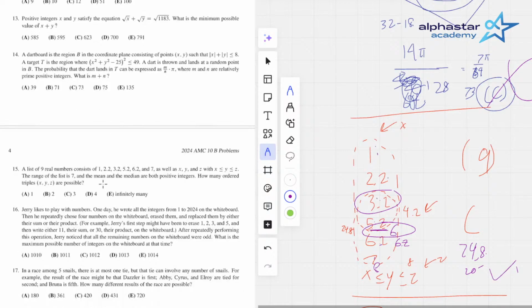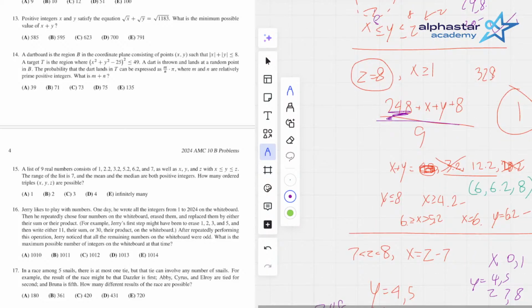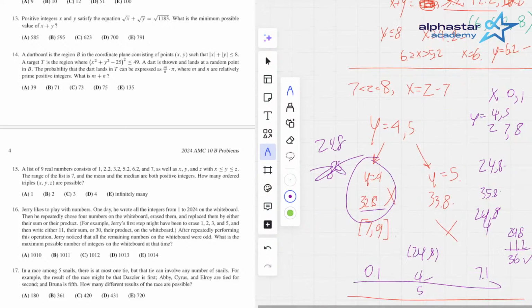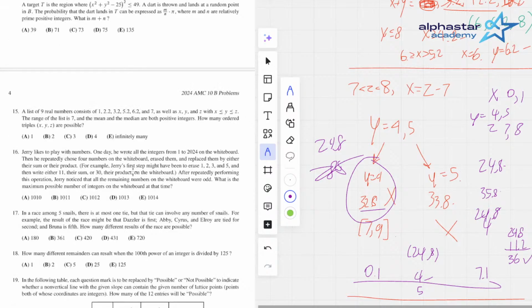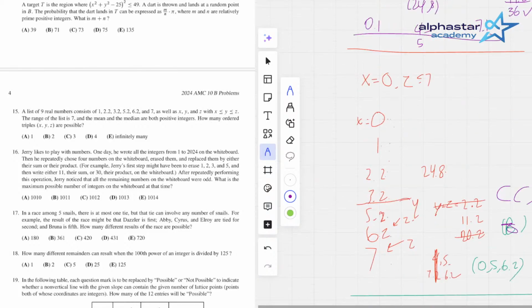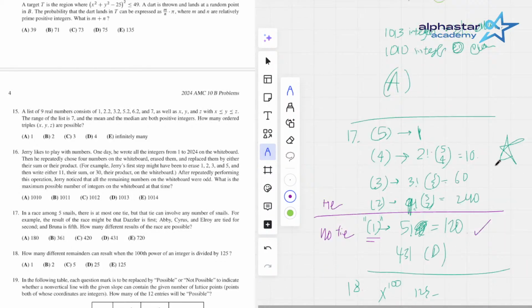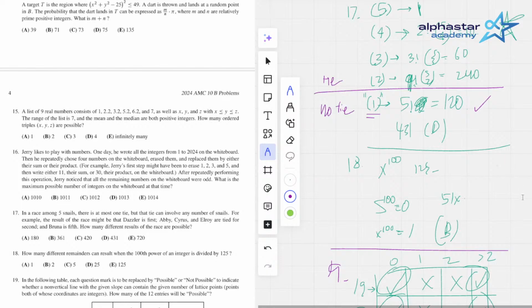Okay, 15 was in fact C. Caught that one. Okay, that is actually my most embarrassing mistake so far, ever. 16 is A. Okay, where are we? C, A, B. Nope.